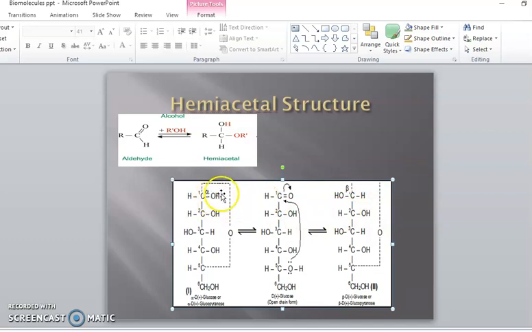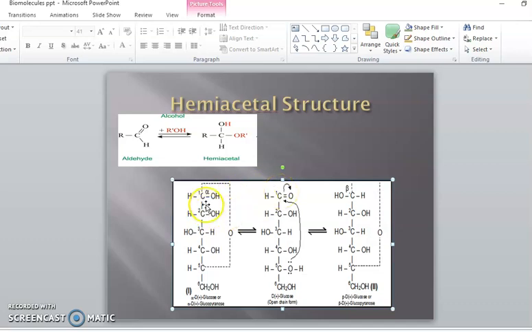If it is on the right side it is called alpha-D-glucose. If it is on the left side it is called beta-D-glucose. So there are two forms of glucose, alpha-D-glucose and beta-D-glucose. This first carbon is called the anomeric carbon, which contains the aldehyde functional group.